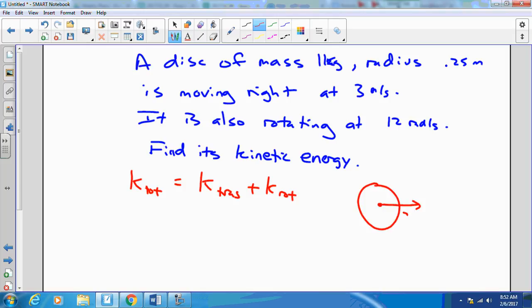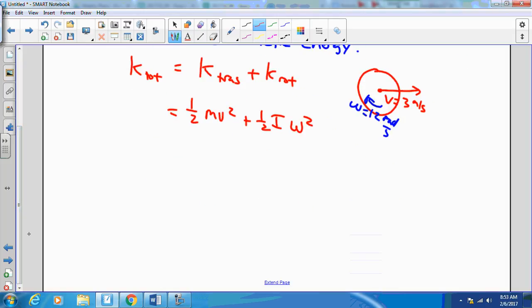It is moving to the right at 3 meters per second. And then additionally, points on that disk are going around at 12 radians per second. So that we can now plug in. We had previously computed the moment of inertia I.